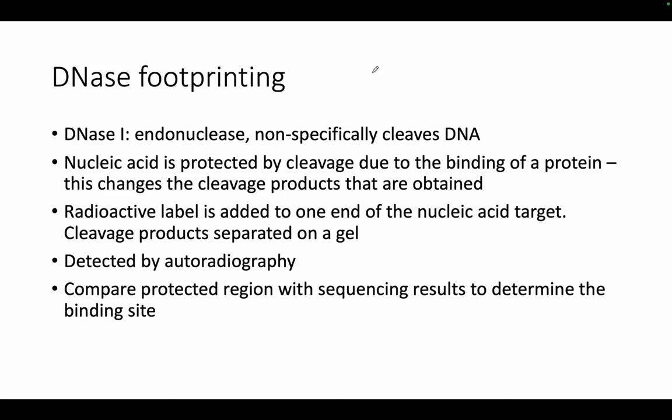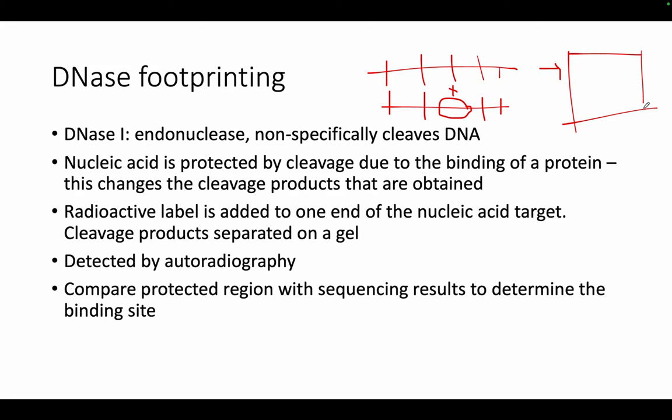But now imagine I have this nucleic acid, it's being cleaved by DNase. But I have the same nucleic acid and some protein is binding to it here. It will get cut here, it will get cut here, it will get cut here, but the protein is here, so it cannot cut here. So you can imagine that if I run both of these mixtures on a gel, I'm going to get a very different profile.